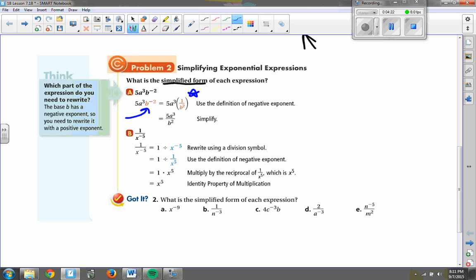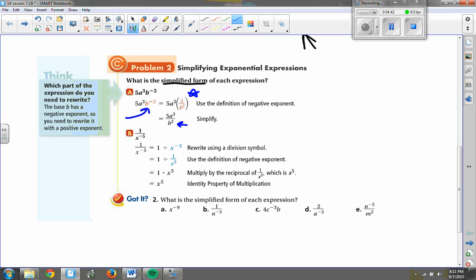Now, when we simplify this, instead of saying 5 times a to the third times that big parenthesis 1 over b to the second power, your book has just put b to the second power here on the bottom of a fraction with 5a to the third on the top.